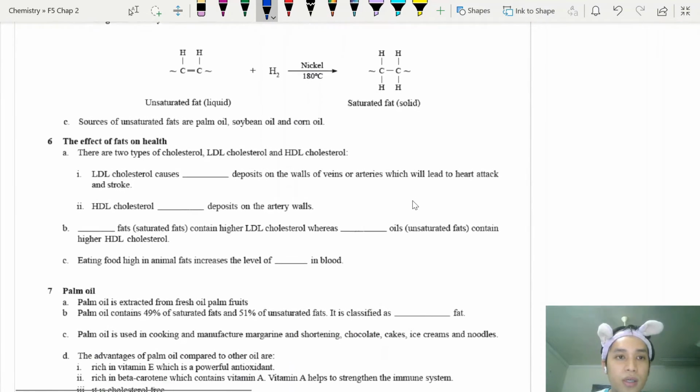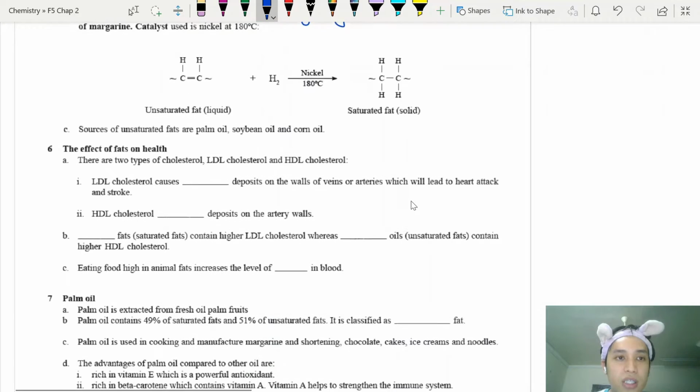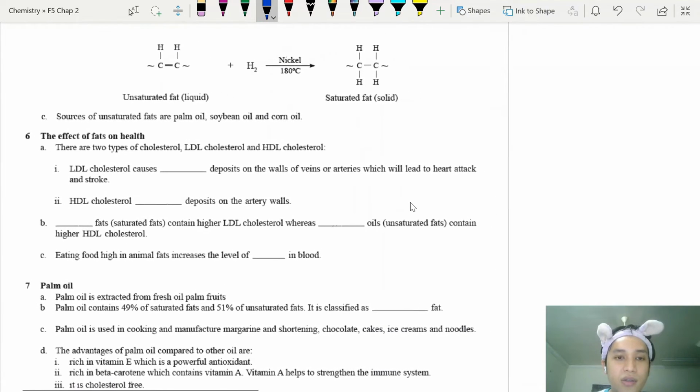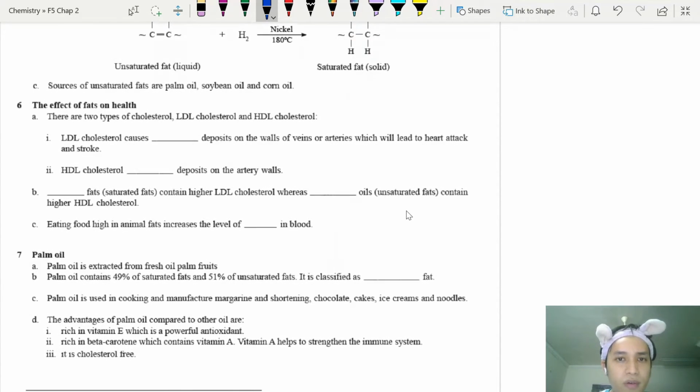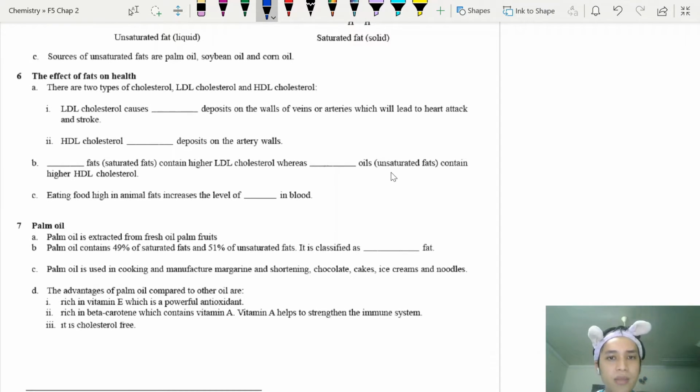So the argument is here. We have heard throughout the years many people debating which one is more healthy, margarine or butter. Technically, people will say since margarine is made from unsaturated fat, it is actually more healthy.